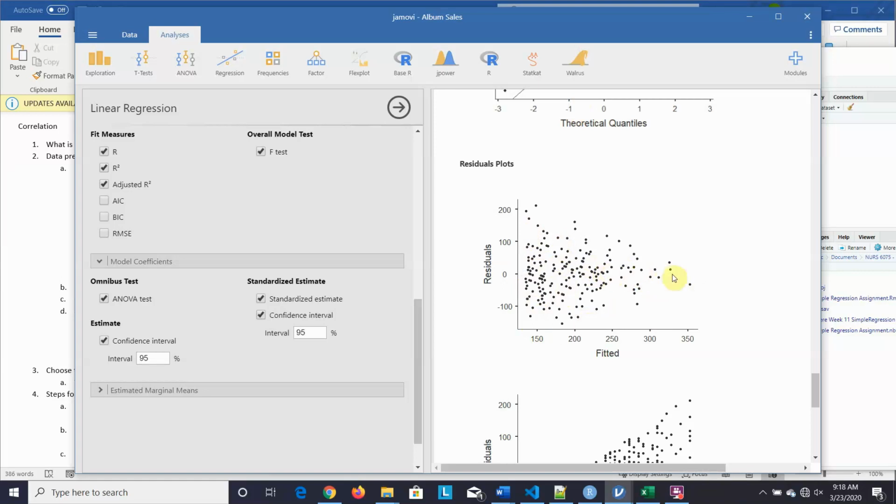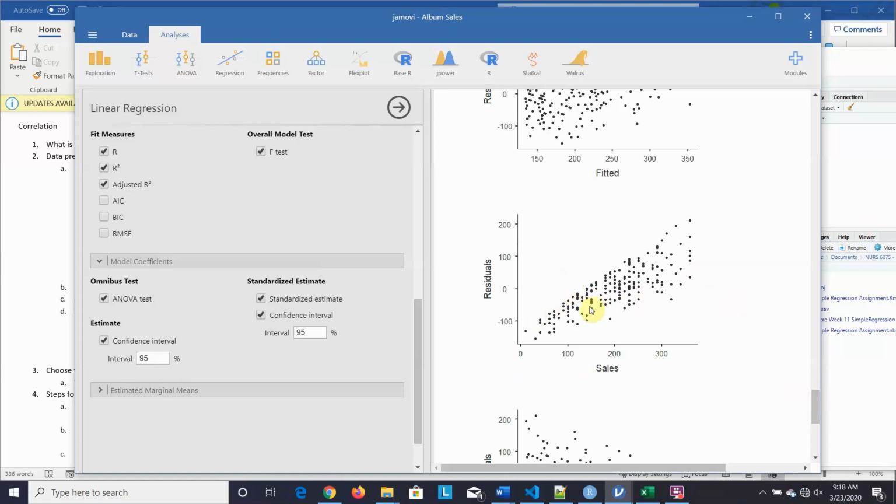So we do have some issues with our residuals here. Again, I'd probably transform the data, but we're not going to go into that. But I just wanted you to be able to look at this residual plot, and you can see that around 0 it's not the same how it's spread above and below on those residuals.